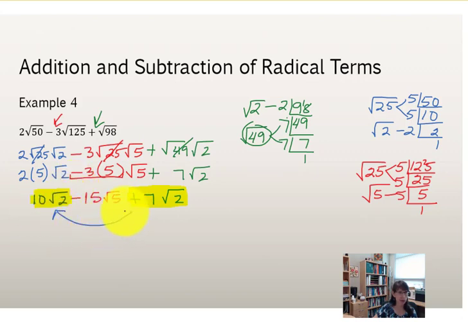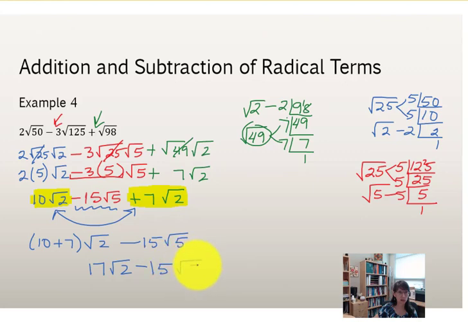So if we combine these terms, we have 10 plus 7 times square root of 2, and then I'll just include minus 15 square roots of 5 at the end. So how many square roots of 2 do we have? Looks like 17. 17 square roots of 2 minus 15 square roots of 5.